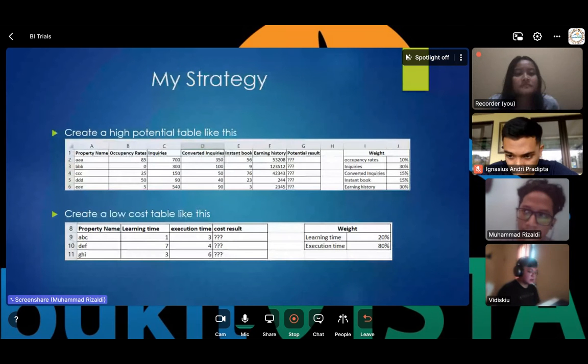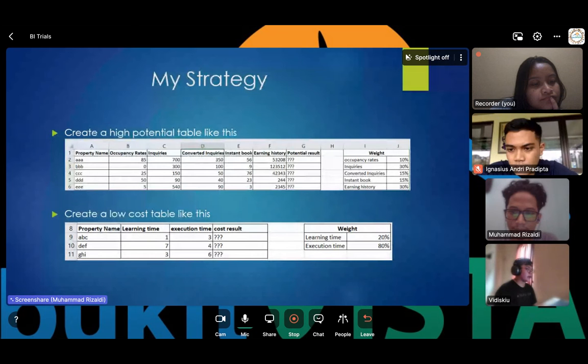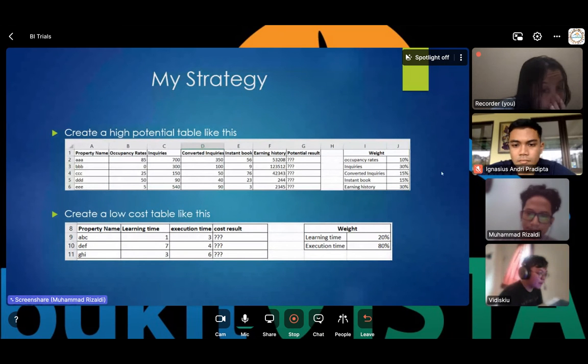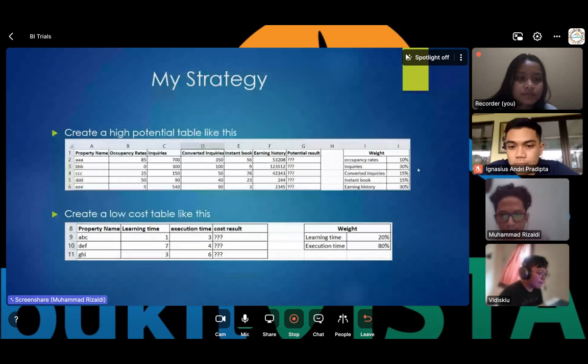No, I took that weight as reference and I changed it a little bit. Ah, okay. Where are the weights? 10%, 30%, 50. Yes, the one on the back right. Okay, this one is okay, I think. The cost maybe.